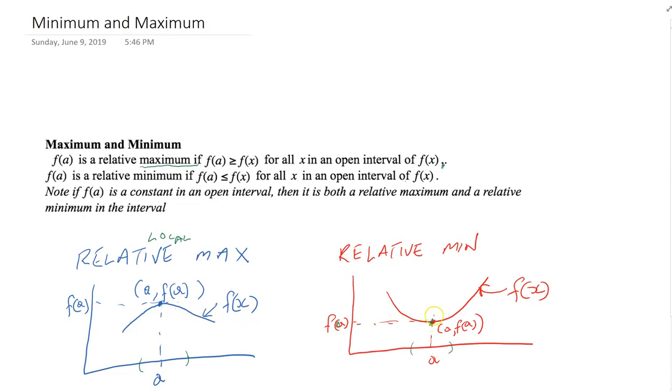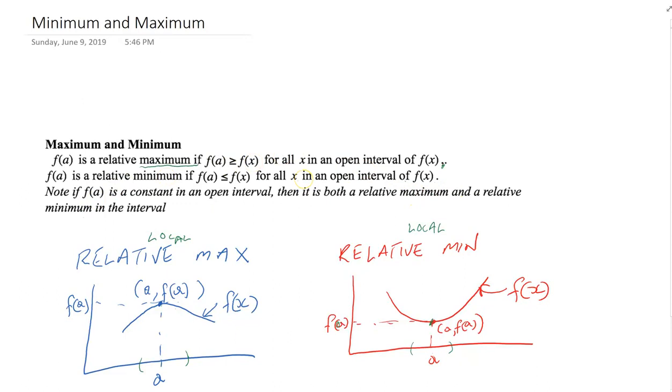In this case, a relative minimum, or in other words, we can call it a local minimum, which is within that little region around where x is equal to a, your f of a value is the lowest point of all the other f of x values. Okay? Now, one important thing to note is that if f of a is constant in an open interval, then it is both a relative minimum and a relative maximum.